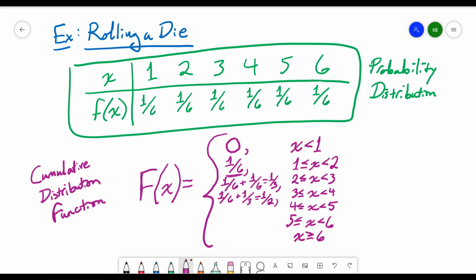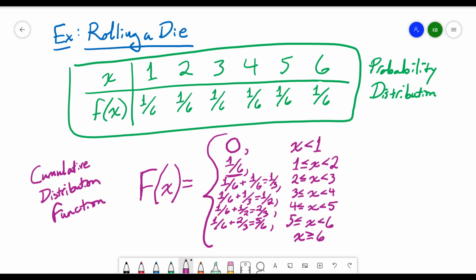And then moving on to the next step, the probability that I'm between 4 and 5 with 4 included, 5 not included is 1/6 plus the 1/2 that I had above. So I have a total cumulative probability of 2/3 in the 4 to 5 window. And then between 5 and 6, 5 included, 6 not, I have 1/6 plus 2/3 from above. So I have 5/6 as my cumulative probability in my 5 to 6 window.